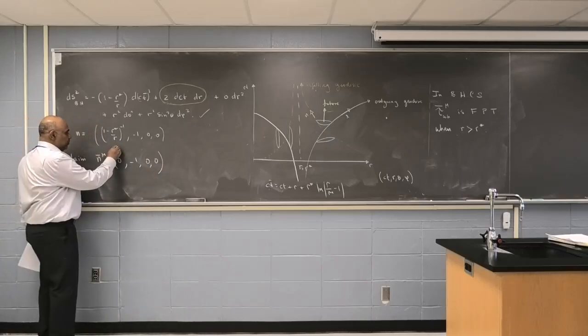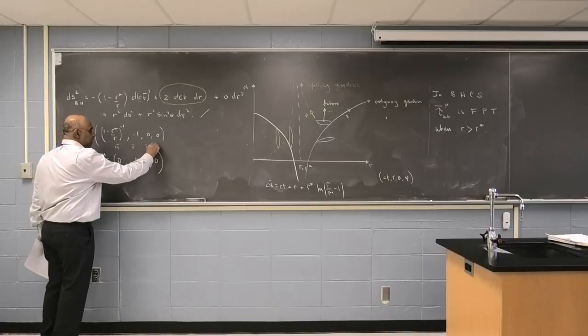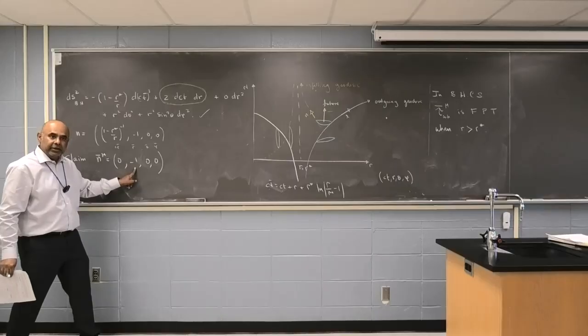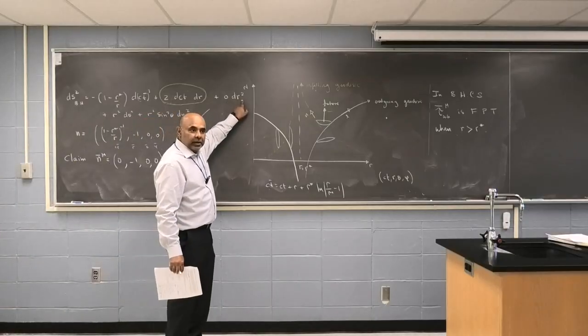This is, of course, the CT bar coordinate, R bar, theta bar. The radial direction is a null direction. It's a claim, I have to show that. That's true, because there's no dr squared. It is a null vector.